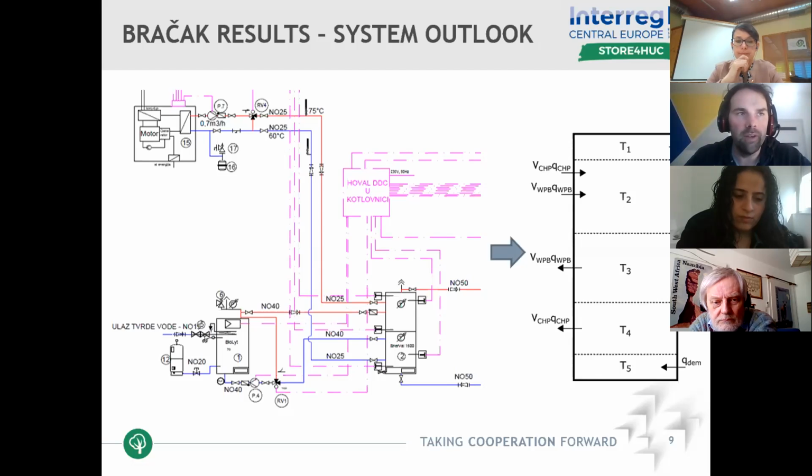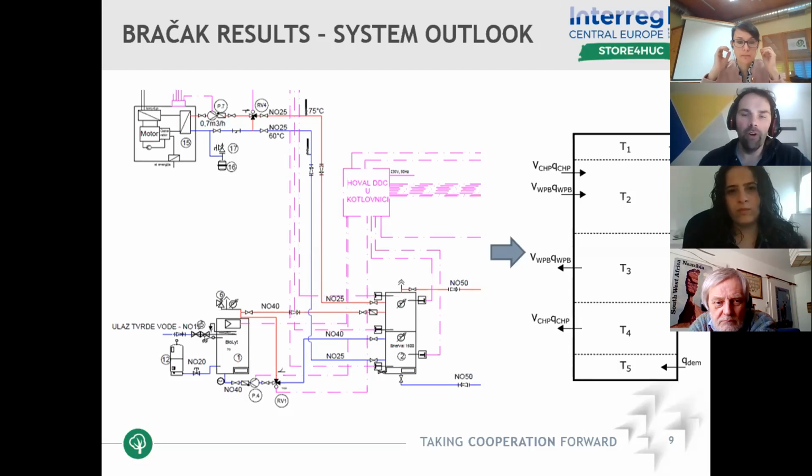But actually, the results are already here, so we can see how they look. So what happens when actually you have a real heating system in front of you, and you want to model it in more detail?